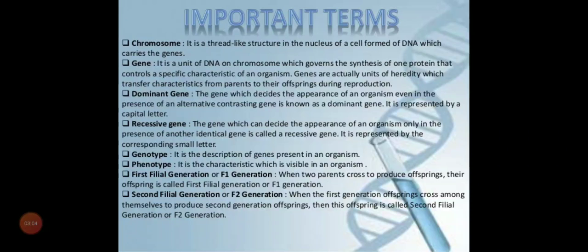So when two parents cross to produce offspring, the first generation is known as the F1 generation. And if we self-cross the plants that we got in the first generation, or carry out a cross between the first generation, we produce the second generation of offspring. The second generation is known as the second filial generation or F2 generation.